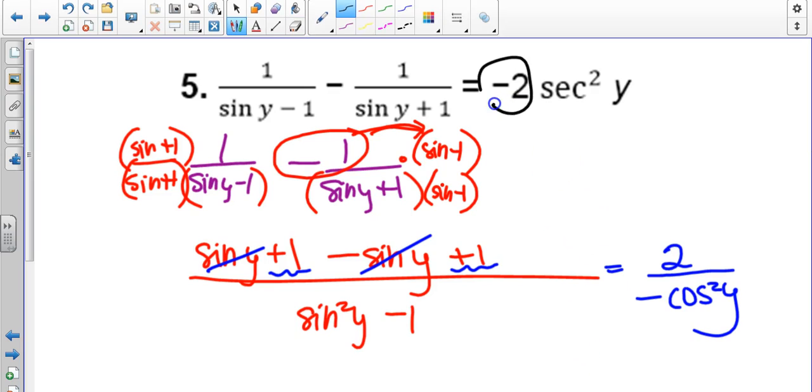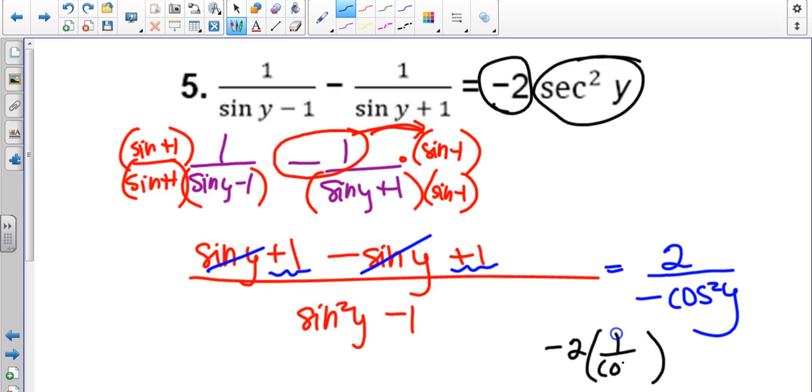This says I'm supposed to have a -2 times a secant. Well, if I take a -2 out of that, I have a 1 over cosine squared. Is that a secant?